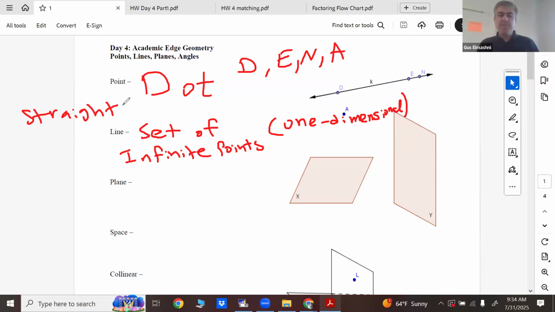A plane is going to be two-dimensional. And it actually is infinite as well.